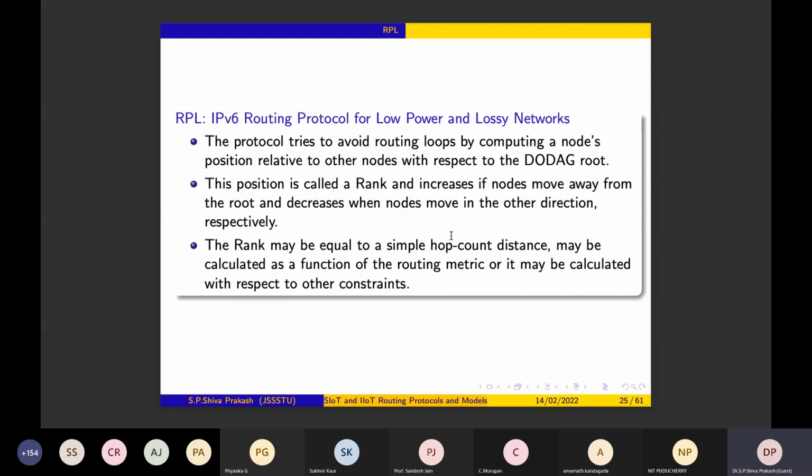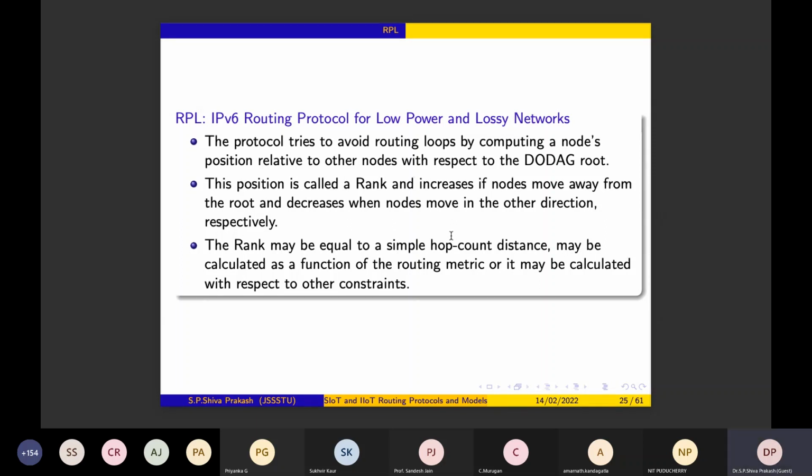It increases if nodes move away from the root and decreases when the nodes move towards the root. The rank may be equal to a simple hop count distance, may be calculated as a function of a routing metric, or it may be calculated with respect to other constraints.